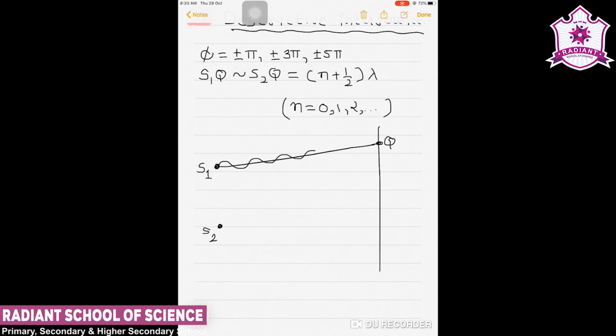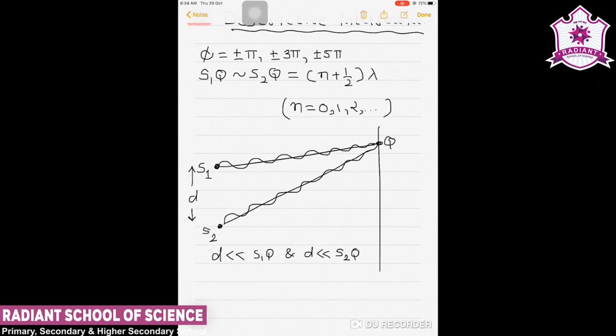Now a wave is emerging from S1 to Q, and another wave is also emerging from S2 to Q. The distance d is again very small, so we have again considered that d is very small with respect to S1Q and also with respect to S2Q.